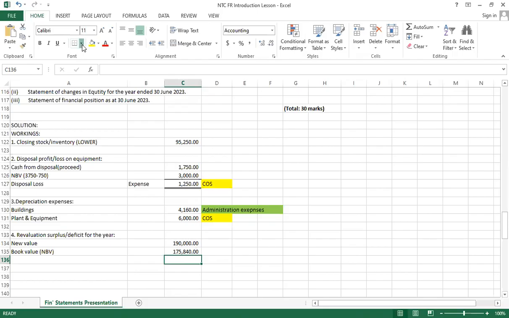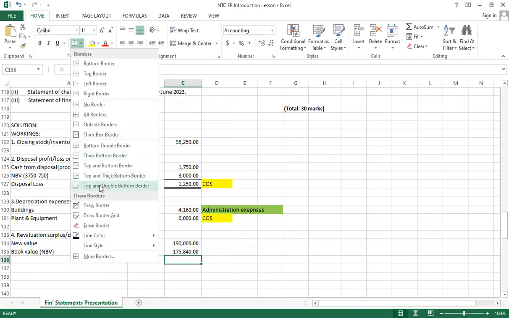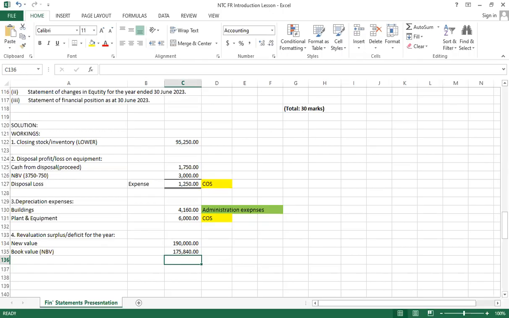The difference between that and their new value is what we are looking for. The new value is more than that book value: 190,000 minus 175,840 is about 14,160. When the new value is more, is this 14,160 a surplus or a deficit?